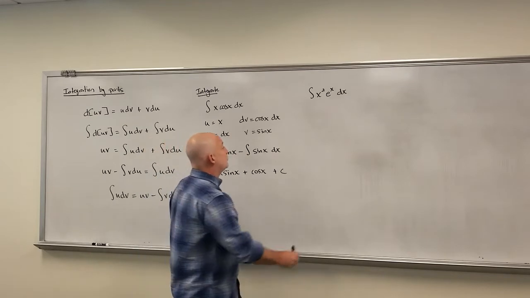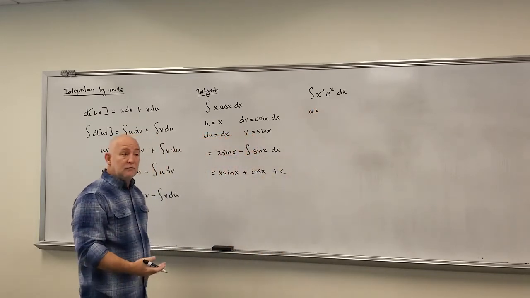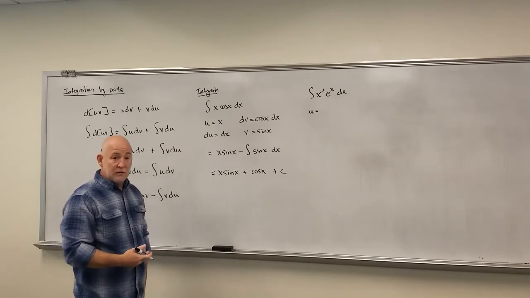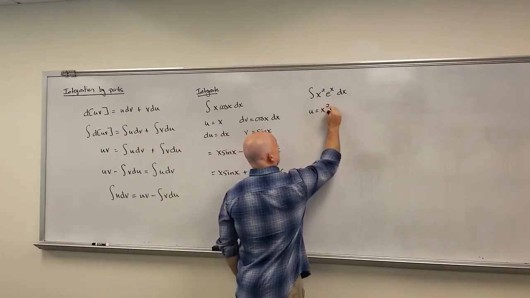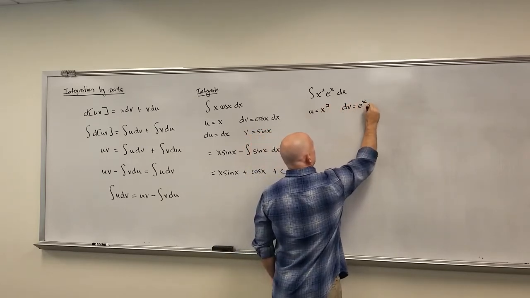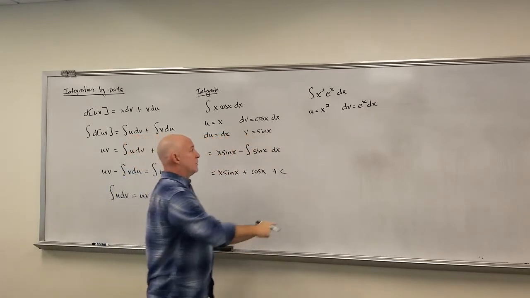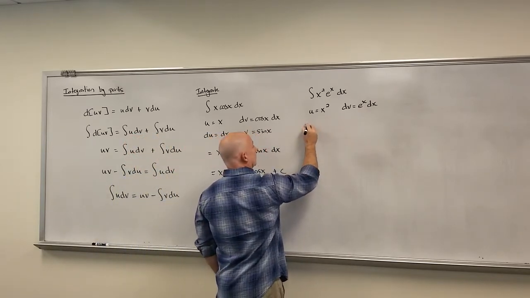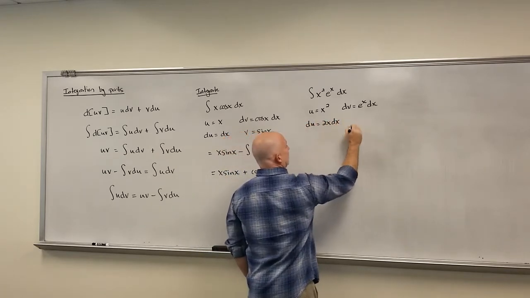So I'm going to pick a function u. Remember, the function u you normally pick is the function that's going to go away when you take derivatives. And that's most of the time the polynomial. Everything else up there inside the integral is dv. All right, so once we've decided what u and dv are, take the derivative of u, which gives me 2x dx, and integrate v.